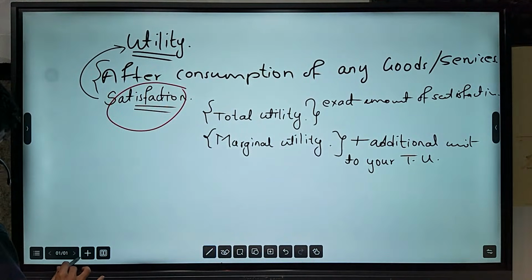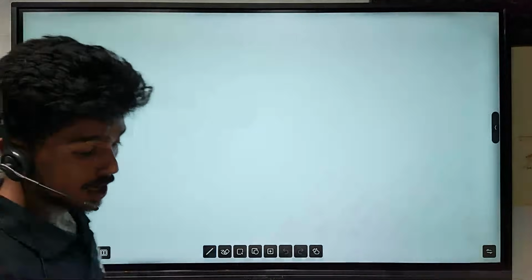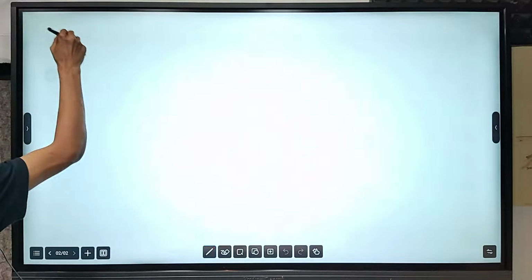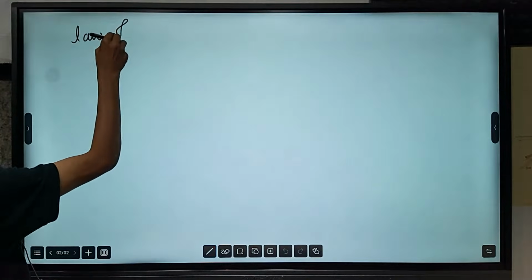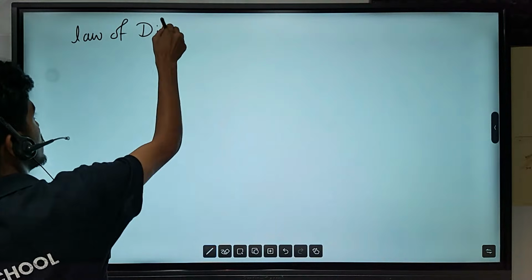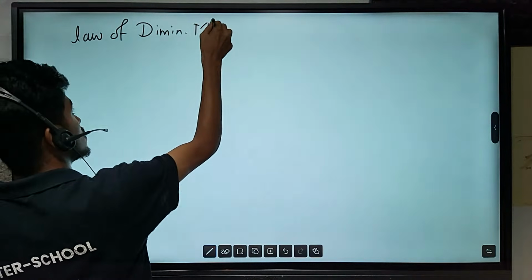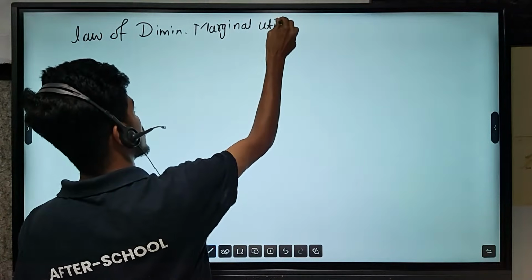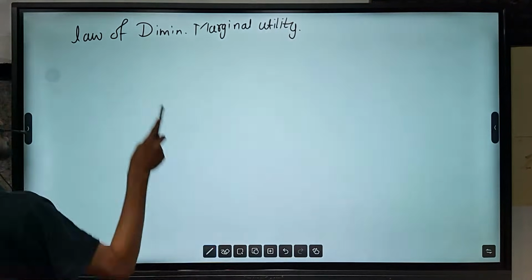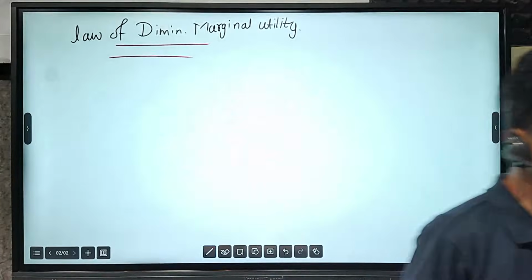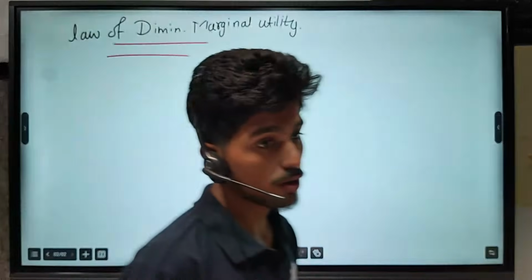Okay, this concept is clear. And next, from this you have to remember the law of diminishing marginal utility. This question carries 6 marks. So when the question comes, law of diminishing marginal utility, what are the things you have to remember?